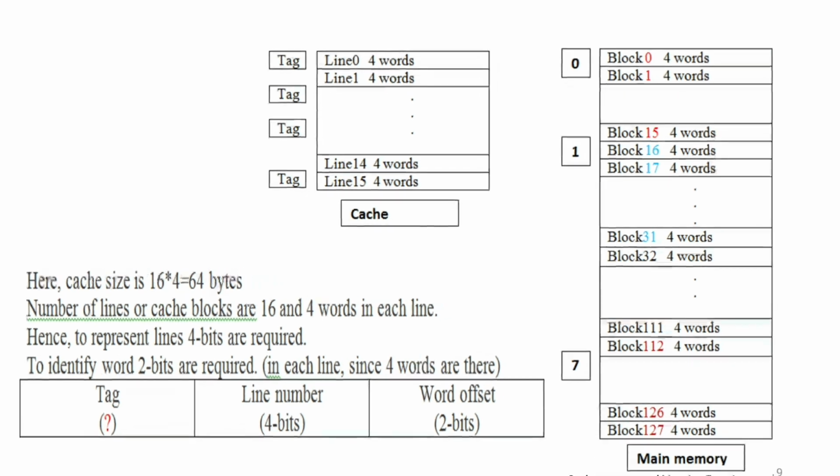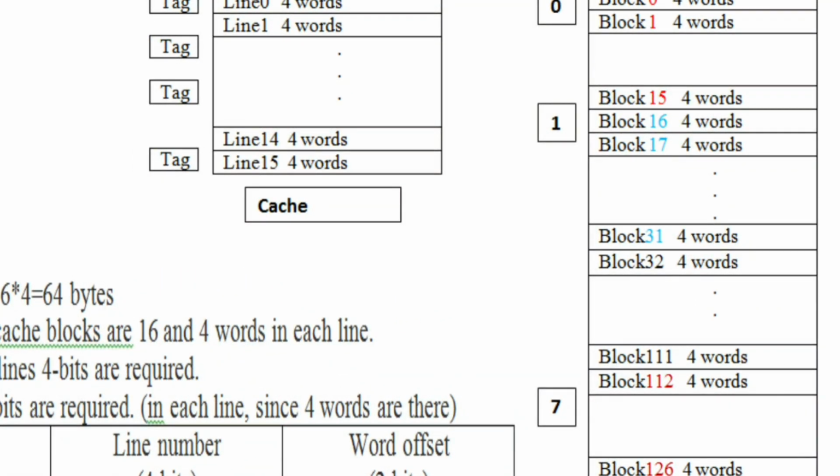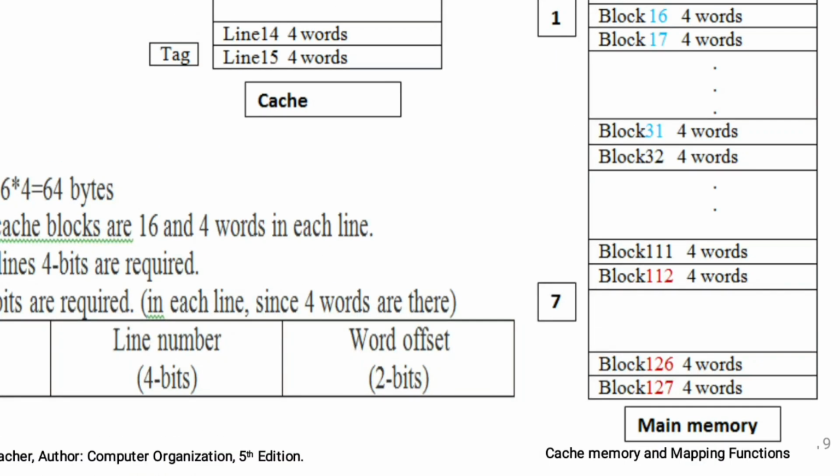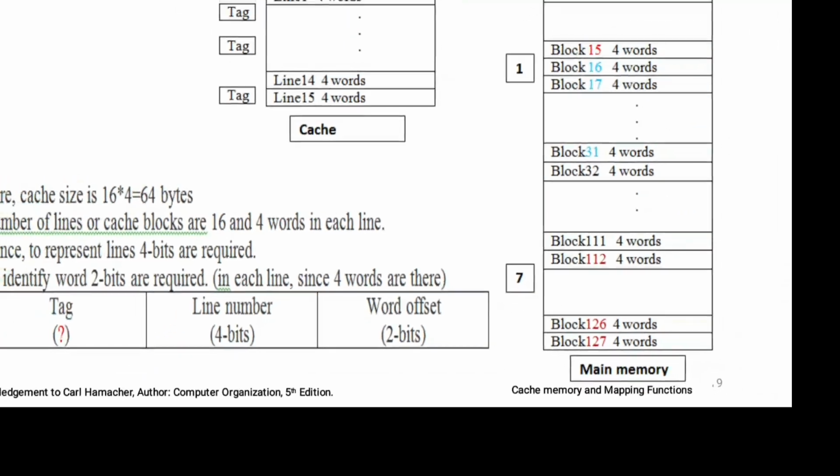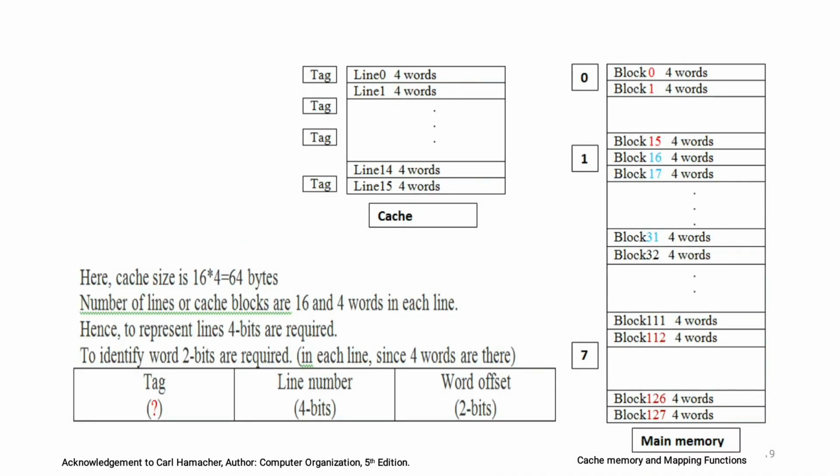How many blocks are there here? 0 to 127, so totally 128. 128 times 4 is 512.